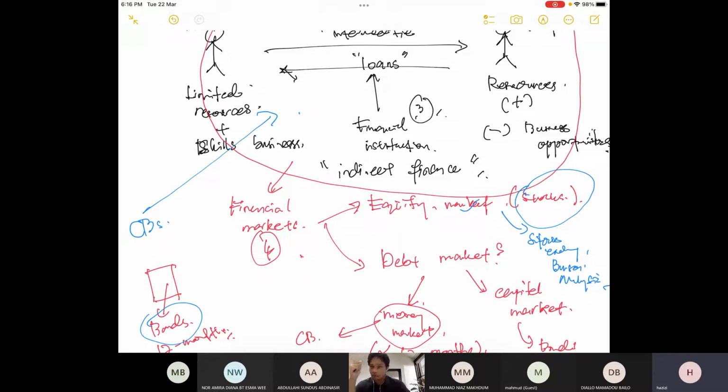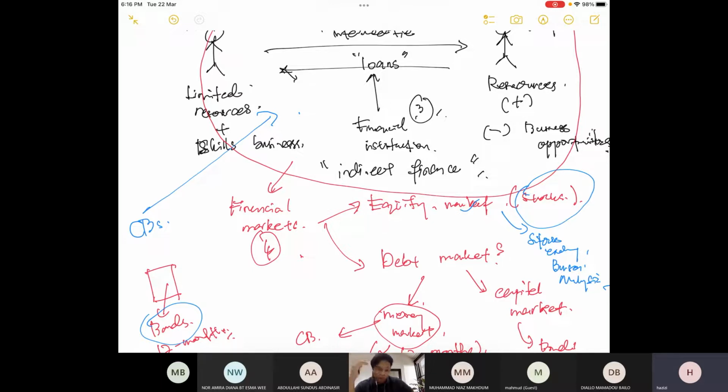Those can be purchased if you enter into this commodity exchange. It doesn't have to be a physical exchange. Nowadays, there are a lot of online commodity exchanges and stock exchange markets that you can explore. So that's the difference between financial instruments and financial markets.